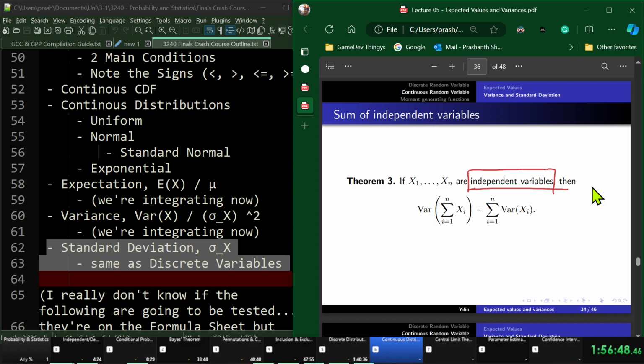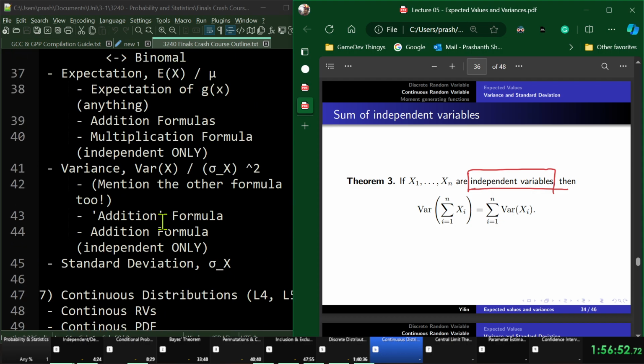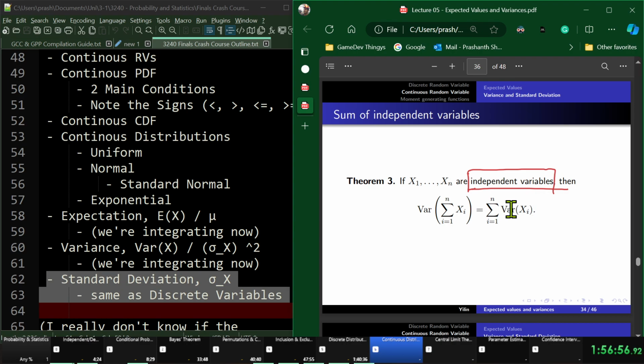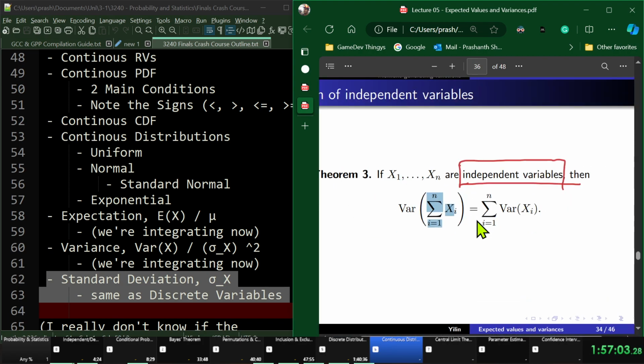Independent variables. This is what I mentioned a little bit earlier about the addition formulas. Only if they're independent can you add up the variances. The variance of a sum of different variables can only be equal to the sum of all the individual variances. This only applies if they're independent.